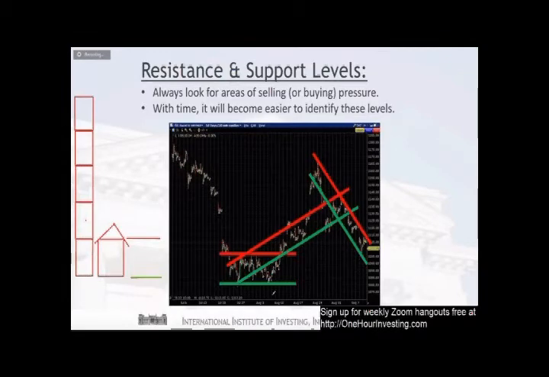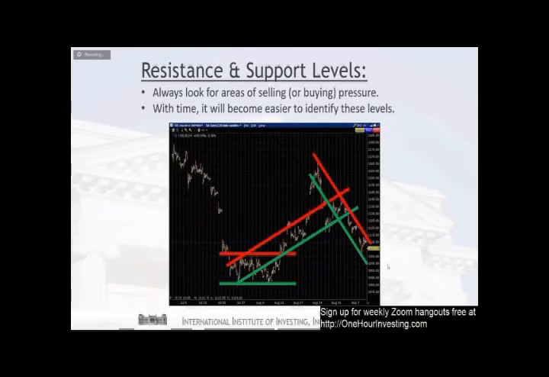Okay, so now what we got is, we've got also this where, let's clear these lines so we're not confusing. Okay, so what we got is another resistance and support. Where do you see it? Now they can be up, down, trending, or they can be wider.